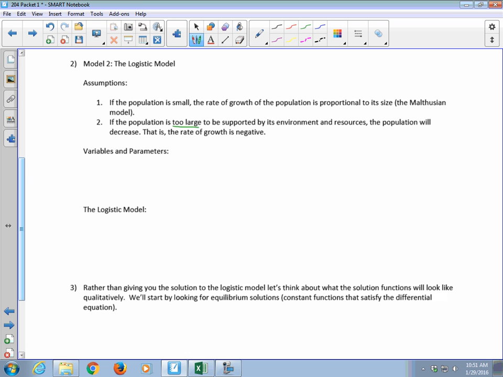So our variables and parameters, we've still got P and T, right? So P will be population. We'll still have T be time. And now we had a K in the Malthusian model, which was the constant of proportionality for the assumption 1.